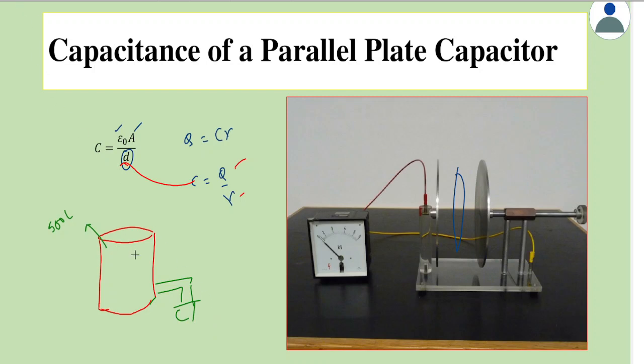The capacity of this is fixed at 500 liters. So whether you fill it to half of it, 1/4 of it, or 3/4 of it, how much ever is the water filled, it doesn't matter at all. The capacity is fixed. Same here. Even though we write C as Q by V, we are not defining what C depends on from here. Rather, C depends on the factors given here.